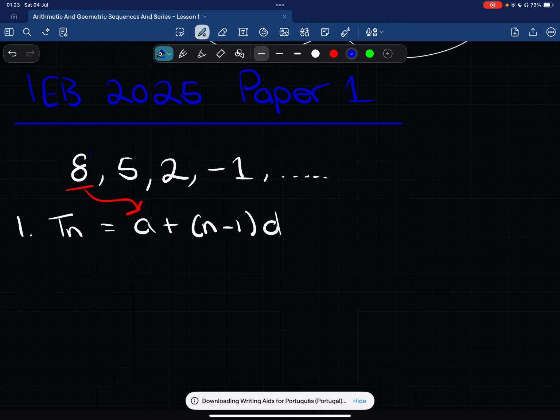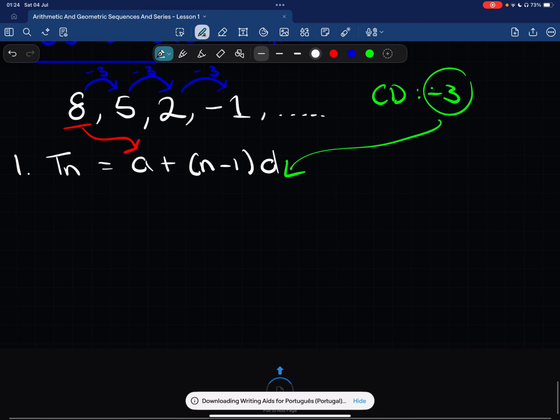How we do this is we just say T2 minus T1. So this is -3 because 8 minus 3 is 5. Now if we do that again, 5 minus 3 is 2, and then 2 minus 3 is -1. So therefore our constant difference is -3, which we will sub in place of d.